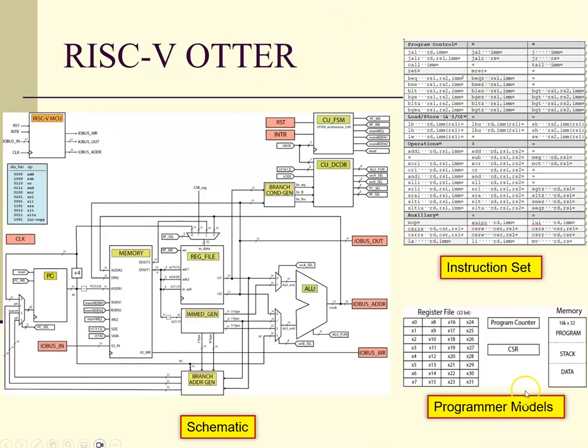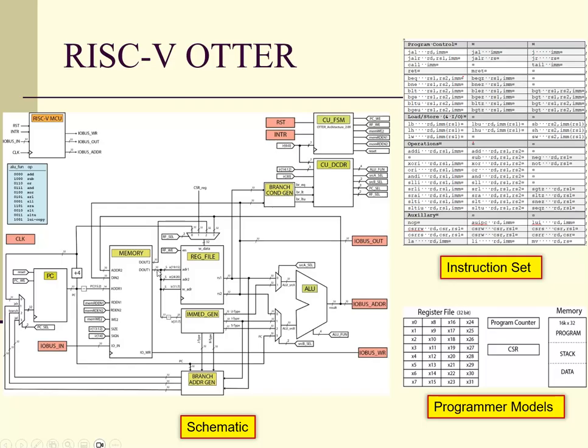Lastly, here's your instruction set, here's your programming model, and this is the schematic of the computer itself. Obviously a bunch more stuff in there. You don't need to worry about anything now, but some of the stuff you will need to understand just because it represents the basic operation of a computer.